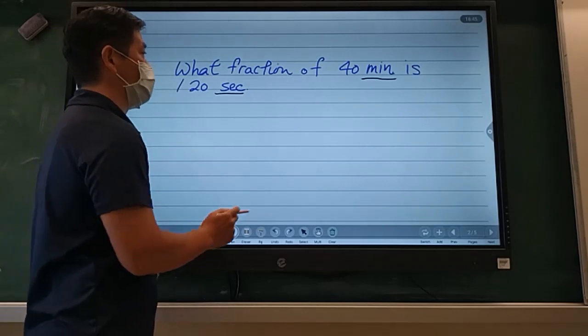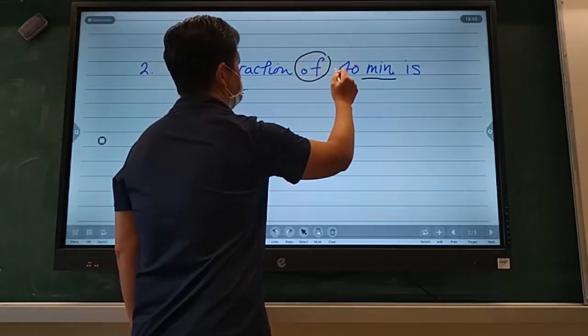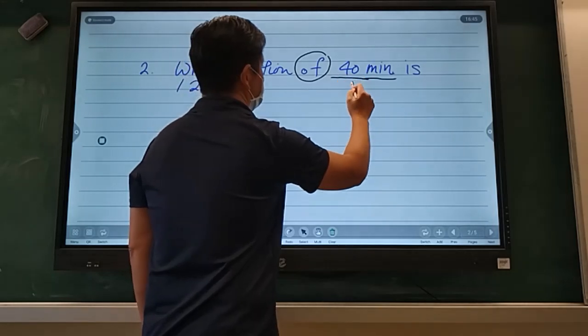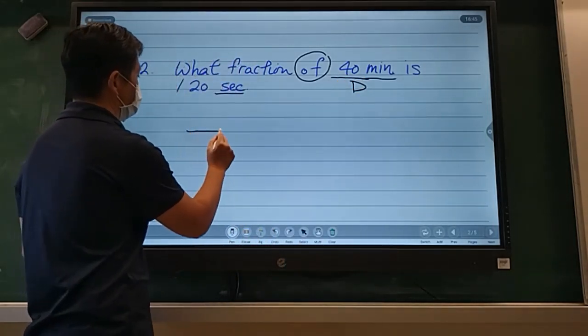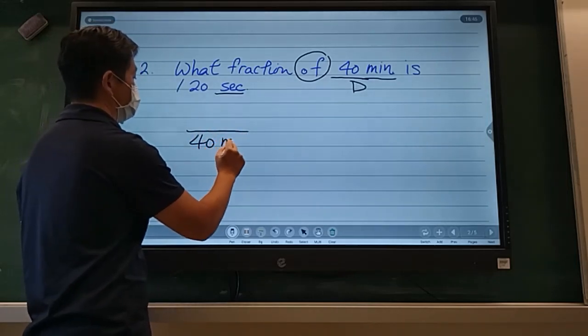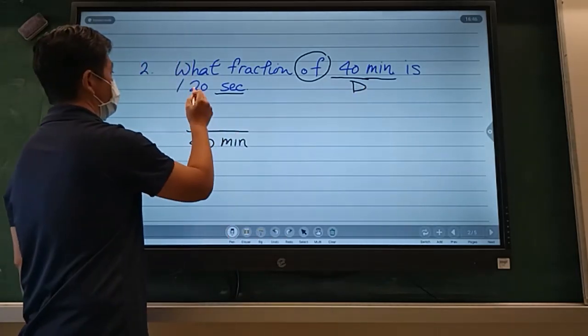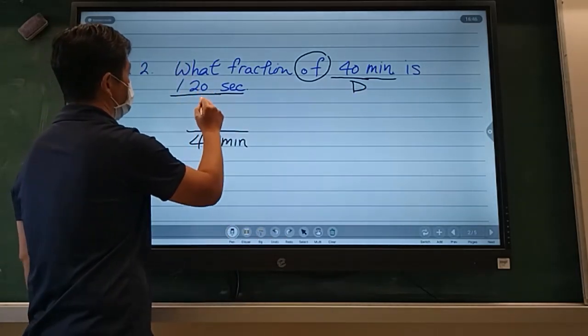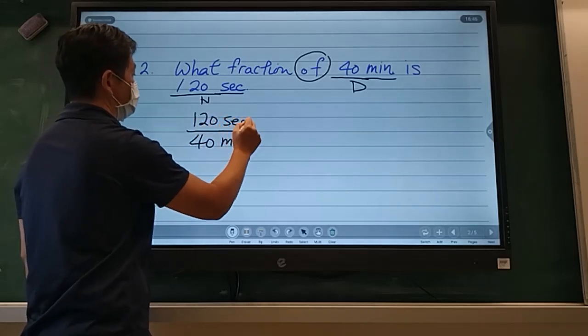But first, we set up of. Okay, here's my keyword of. That means this is going to be my denominator. Okay? So I'm going to have my denominator on the bottom, 40 minutes. Okay? Is going to be on the top. So this is going to be my numerator, 120 seconds.